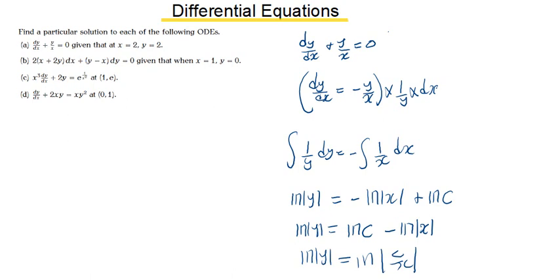Due to the properties of logs, if they are subtracting each other, the negative one becomes the denominator and the positive one becomes the numerator, and that's what we have here: c over x. And from the properties of natural logs, again, we observe that y is simply equal to c over x.